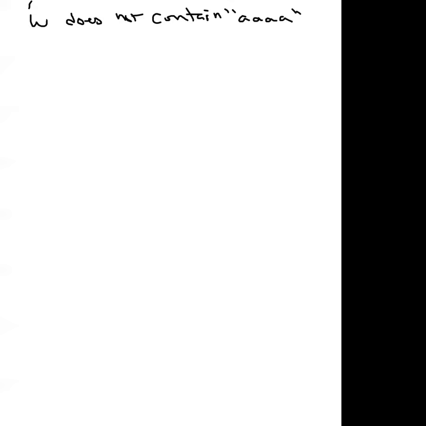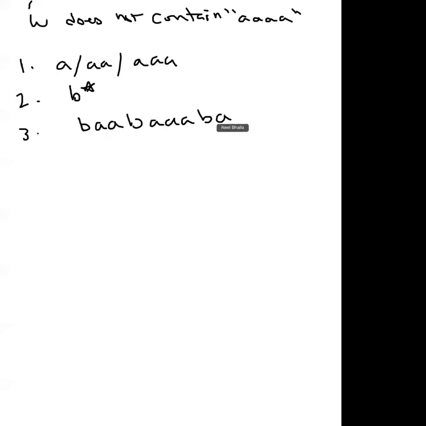For example, we want to have A, AA, AAA. These are like our base cases. We also want to contain B star because that doesn't have any A's in general. We also want to have things like random strings like BAAA, BA. There's also cases where the A's start out in the beginning, like this, AAB, AAA. So we have A's in the beginning and A's in the end.